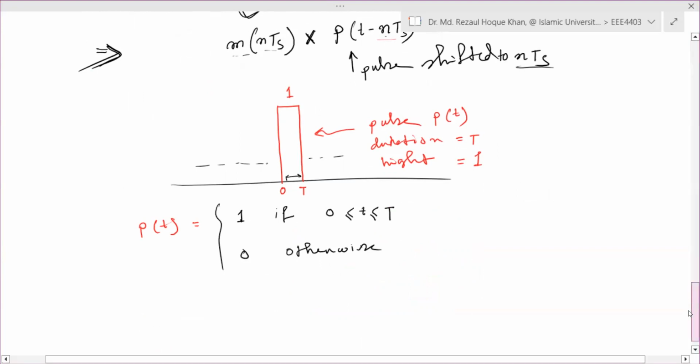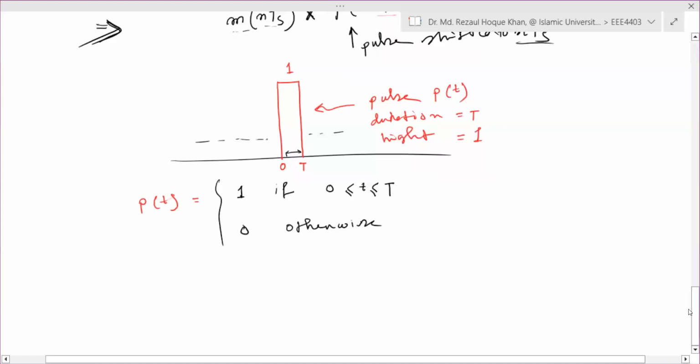So what is the pulse amplitude modulated signal?